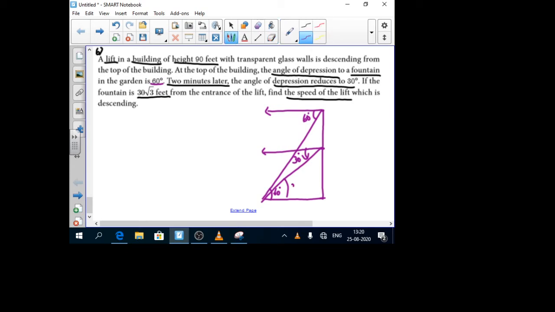This is 30 degree. This is the time taken for this is 2 minutes. Now you have to complete the diagram.